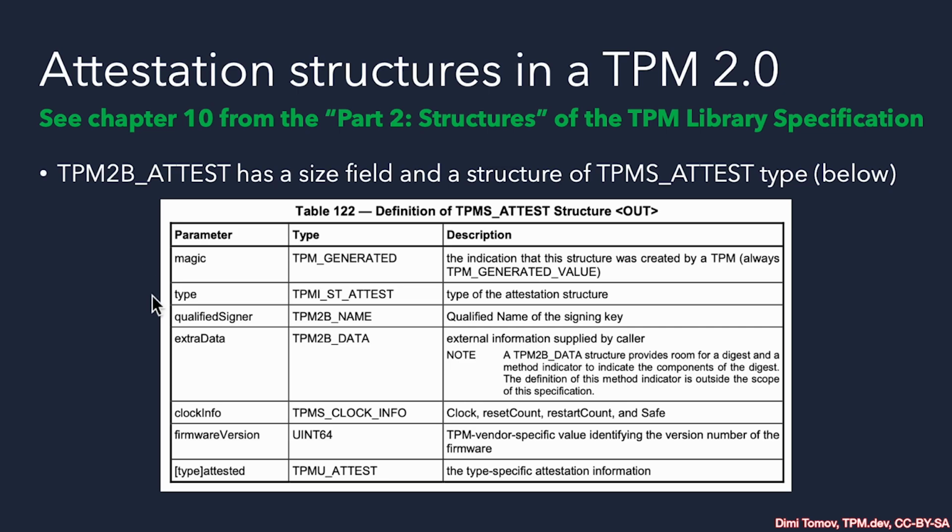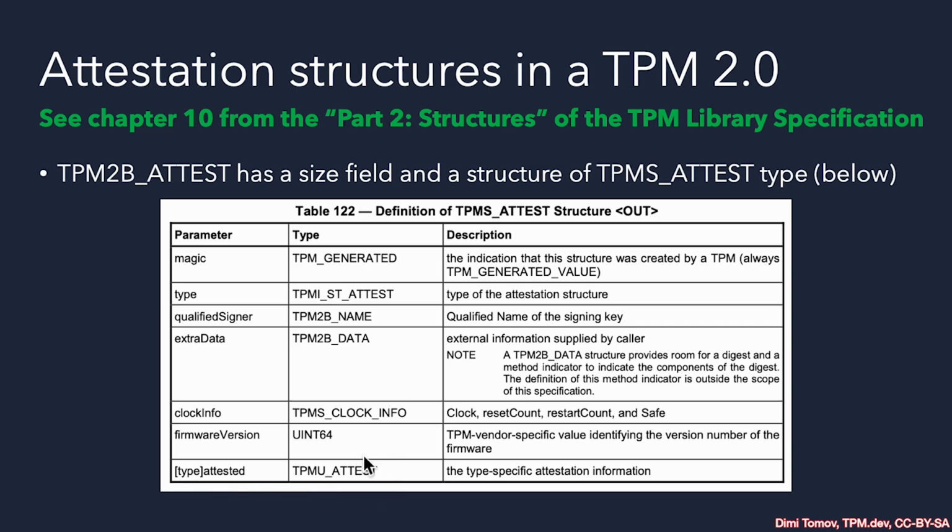Then we have the type, which is quite important, as you'll see in a moment. The TPMI_ST_ATTEST specifies what is the attestation being performed, and based on that, the union later, the type-specific attestation information, will determine actually what kind of evidence information we have available to us.